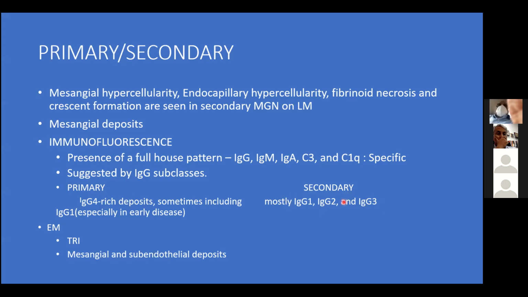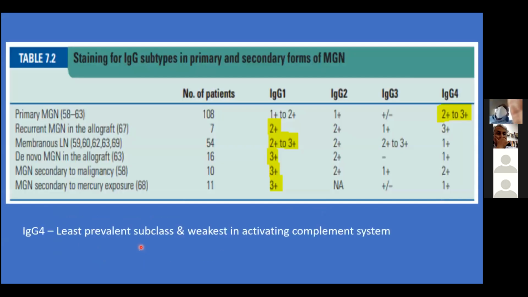So whenever we have a doubt, we can go ahead with IgG subtyping. And on ultrastructural features, if you are seeing tubuloreticular inclusions and mesangial and subendothelial deposits, that also tells us we are dealing with secondary membranous nephropathy. So these are the basic differences between primary and secondary membranous nephropathy on morphological aspects.